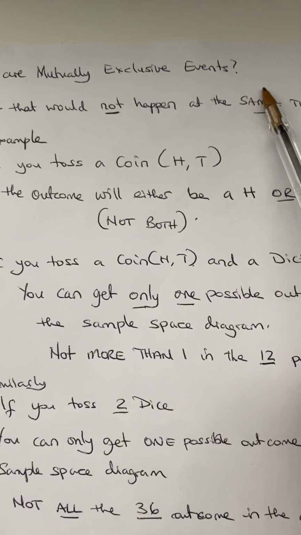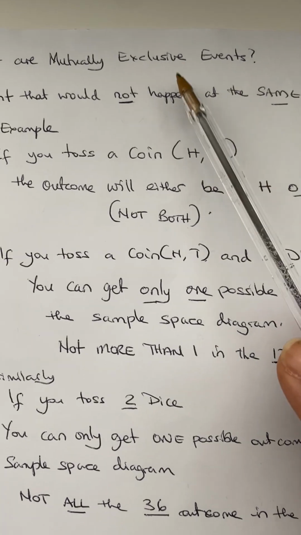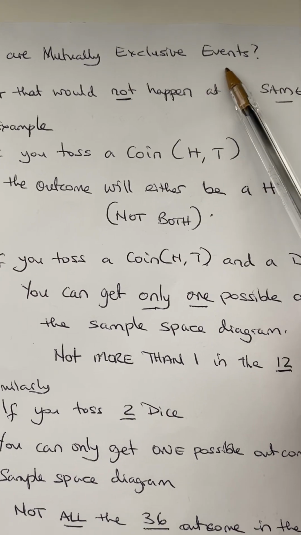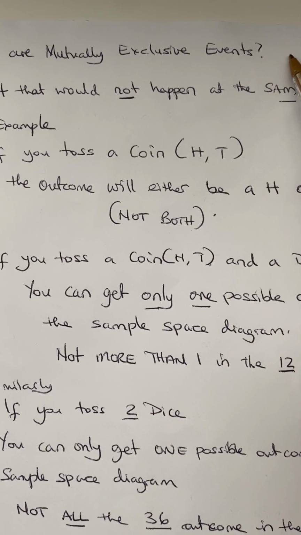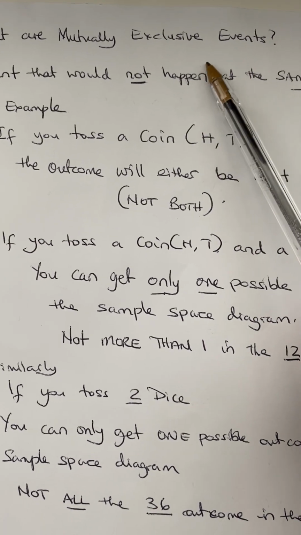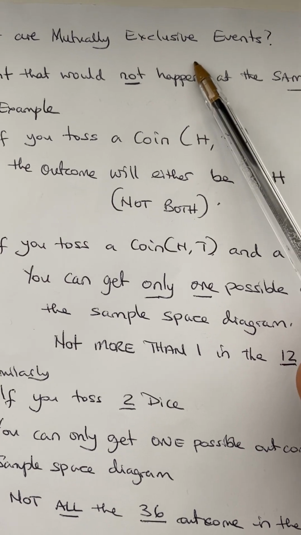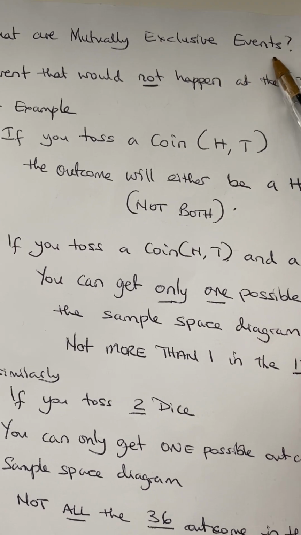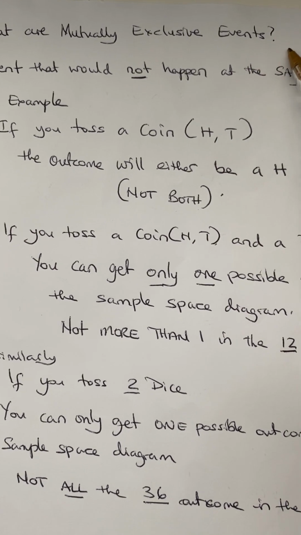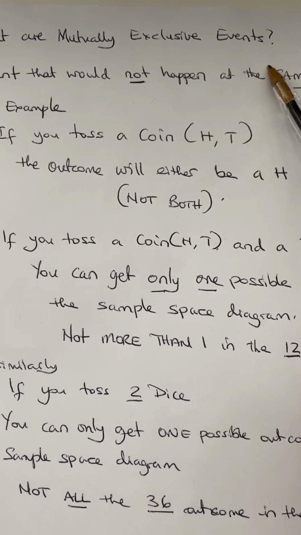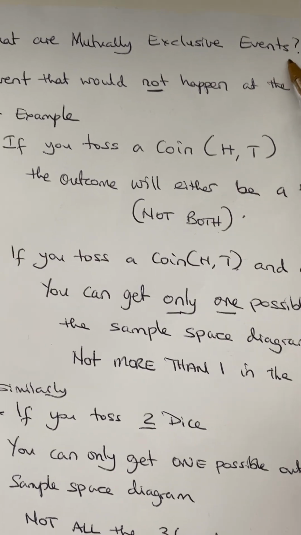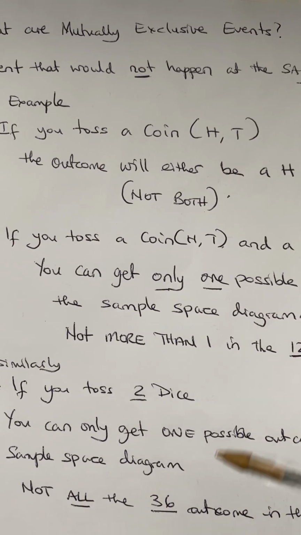Okay, so when you can only get one event happening at the same time, then it is a mutually exclusive event. Most of the questions in probability, they will tell you it's a mutually exclusive event. This is what it means: only one can happen at the same time. So that's why you need your sample space diagram to solve that question.